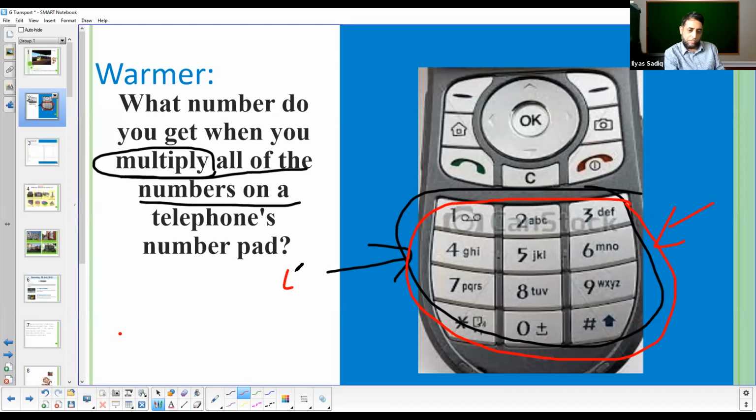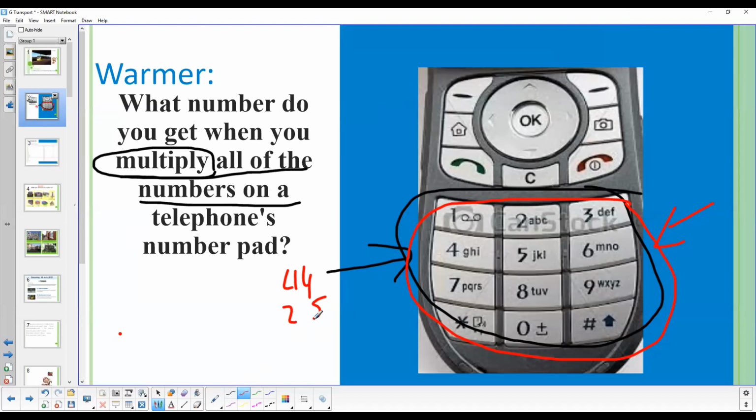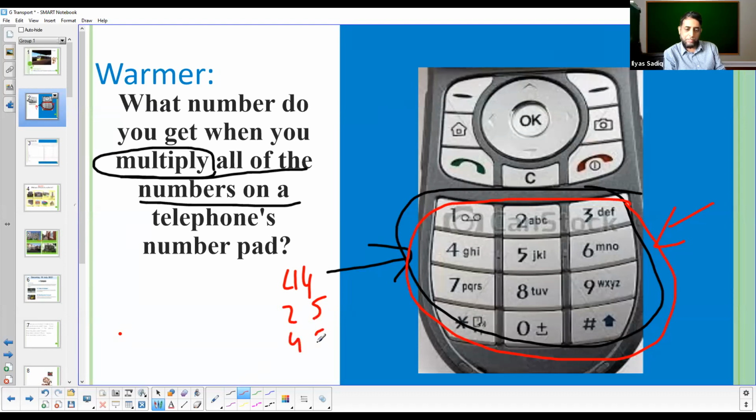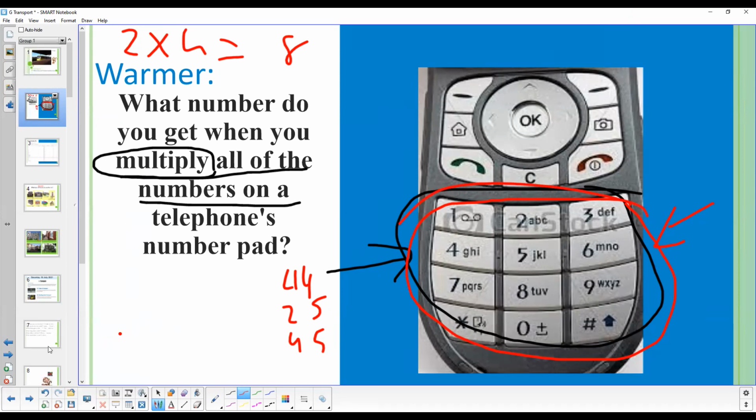Okay, you said I don't understand. 25. No, 45. What do you mean? Okay, 45. Look, if we multiply 2 times 4, we know that is 8, right? So now the question is, if you multiply all these numbers here on the phone pad, what would be the answer? 1.